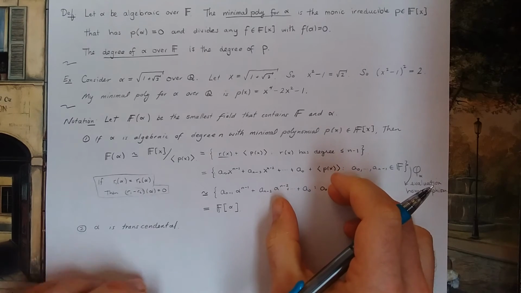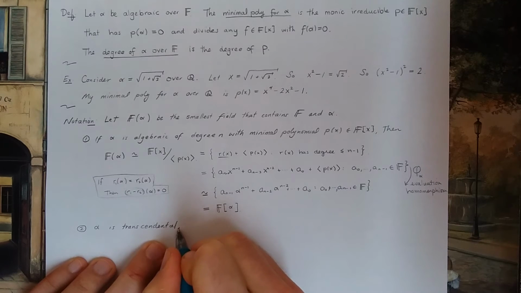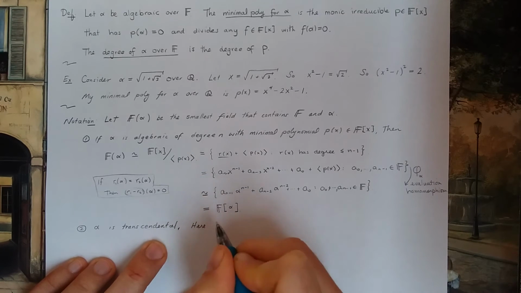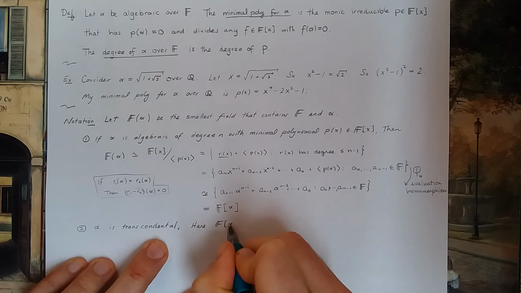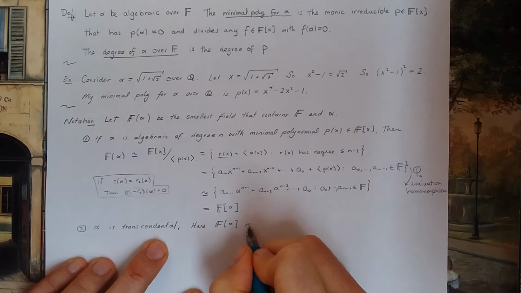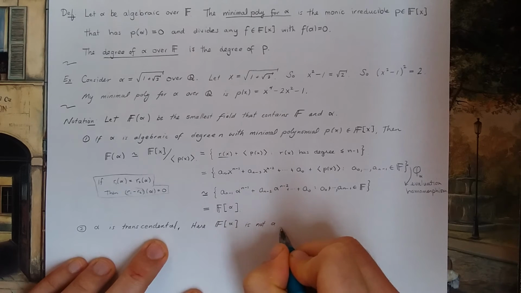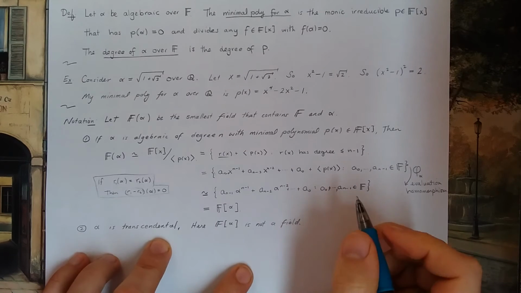So if alpha is transcendental, then the polynomials in alpha with coefficients in your field is not a field. Why?